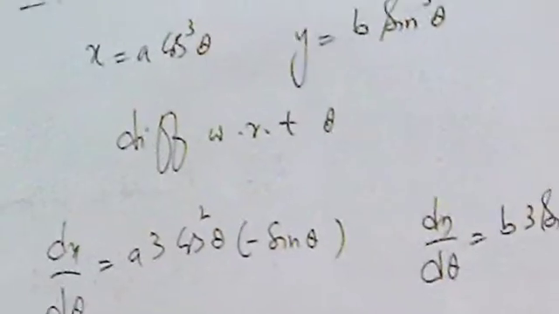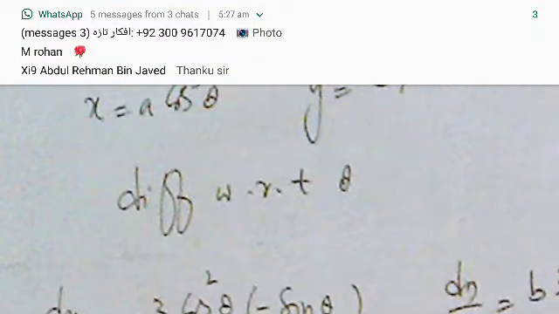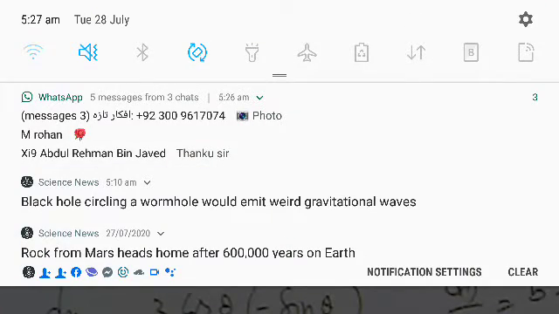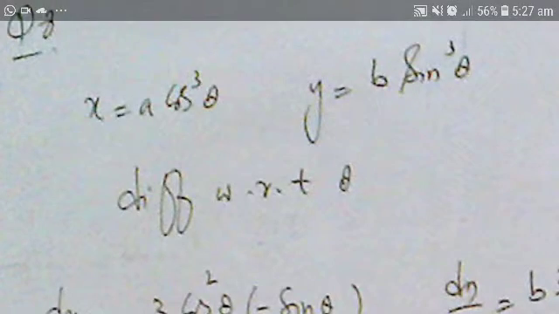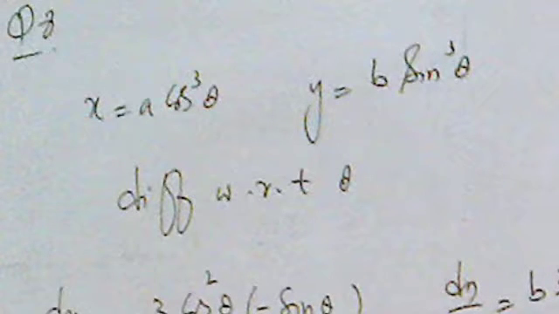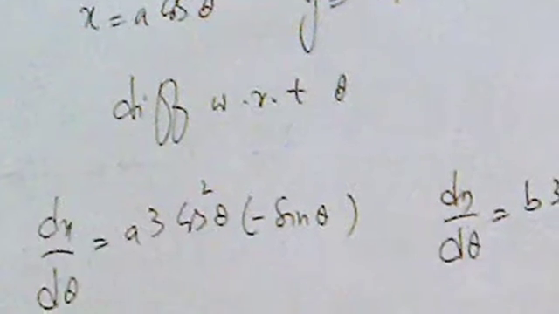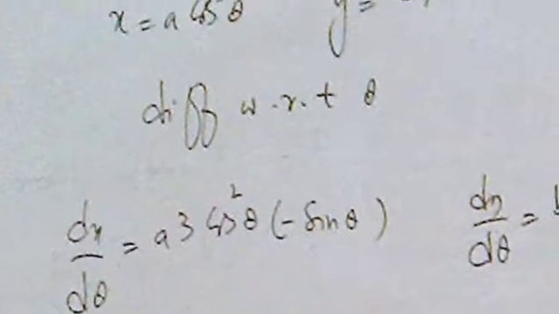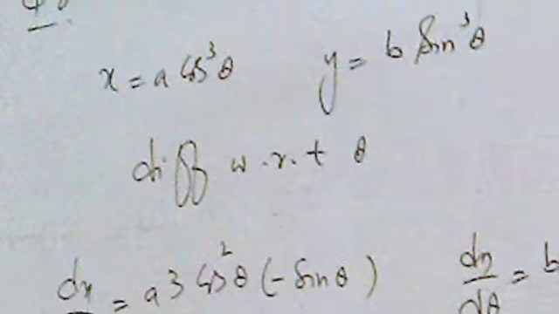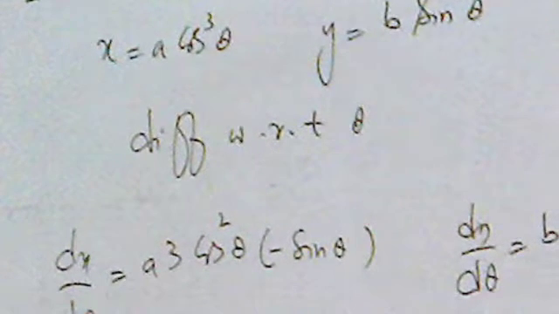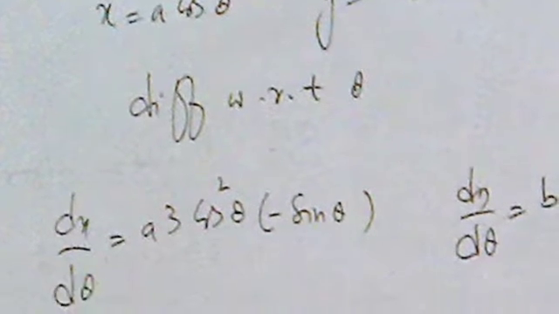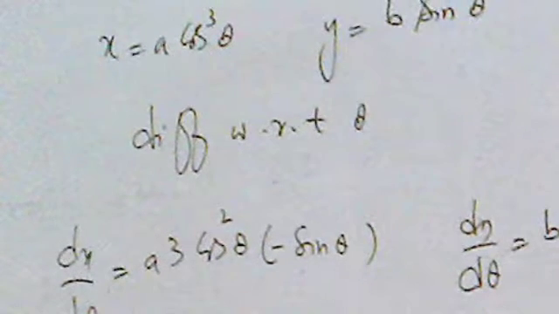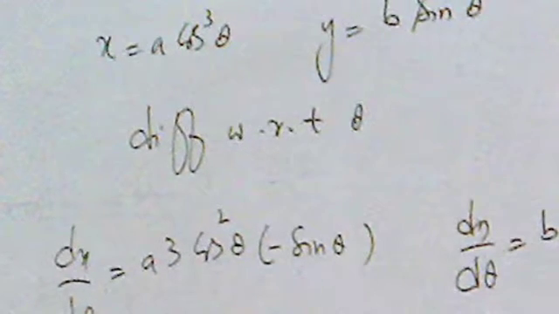So in this question we let x equal a cos cube theta and y equal b sin cube theta. Now differentiate. For dx over d theta we apply the power rule: 3 cos square theta, and the derivative of cos is minus sin theta.